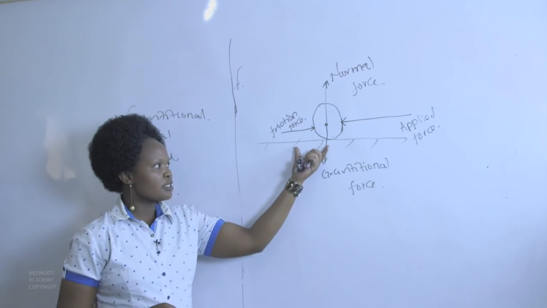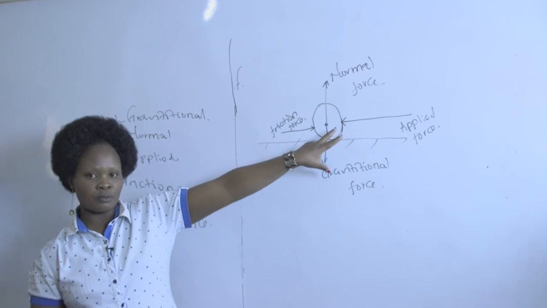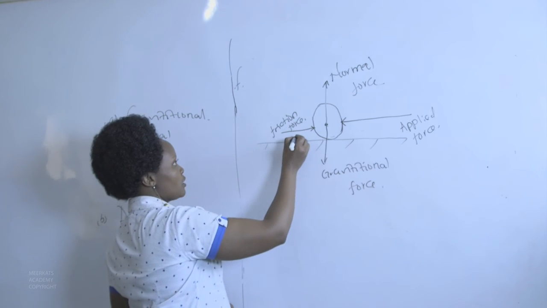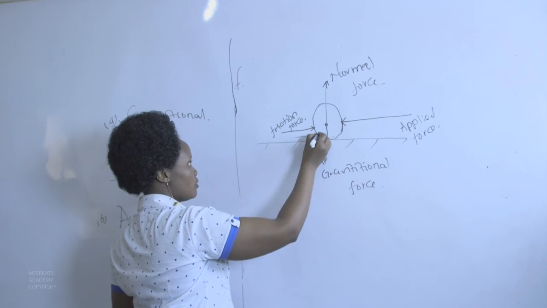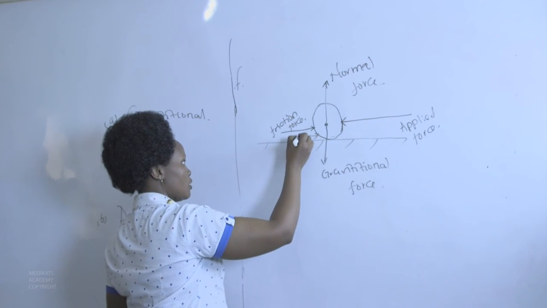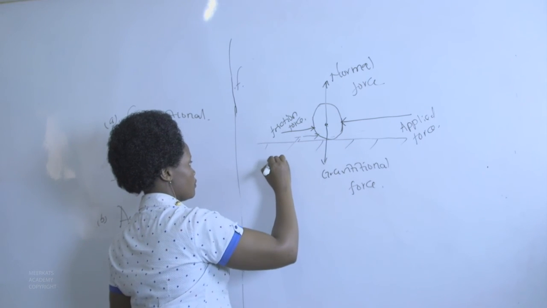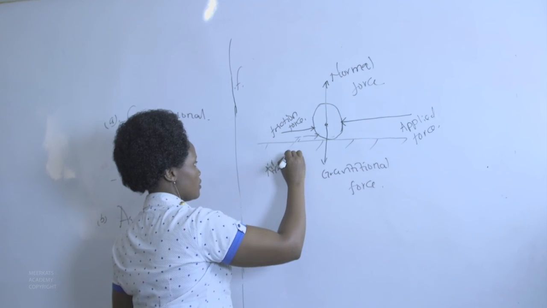Air resistance is supposed to oppose motion of the ball. Therefore, it is in this direction. That is air resistance.